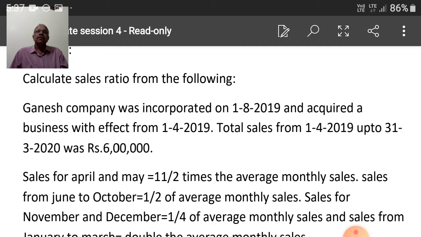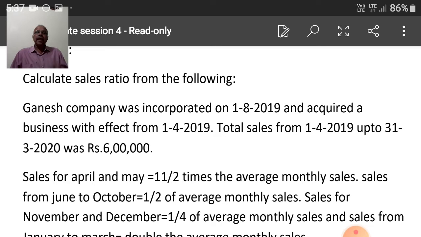We first understand the pre-incorporation period and post-incorporation period. Generally we calculate the time ratio and the sales ratio, but in this problem only the sales ratio is asked.